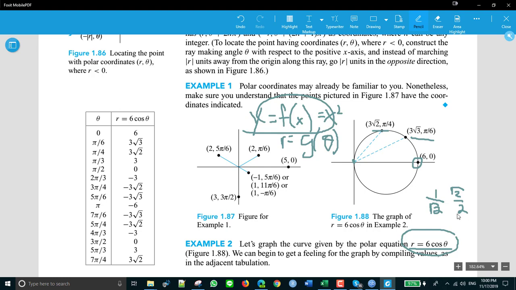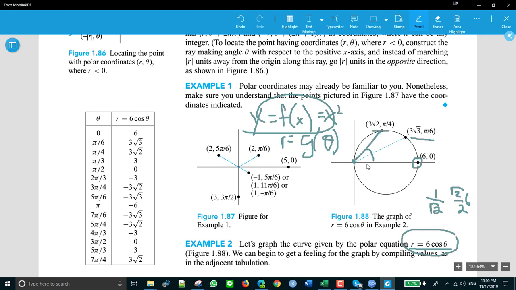If we multiply that times 6, we get 3 square root of 2. So pi over 4, and then the radius is 3 square root of 2. So here, this angle is pi over 4, which is supposed to be a 45-degree angle, and this radius is 3 square root of 2.